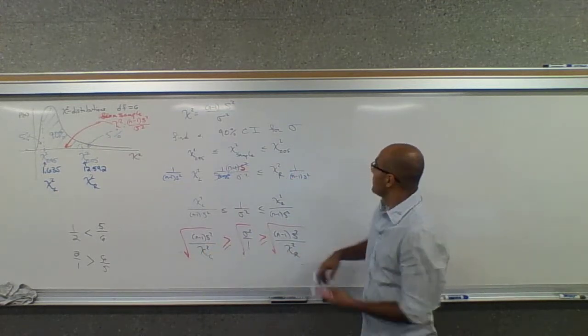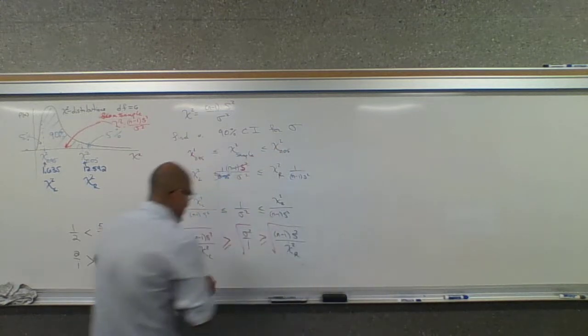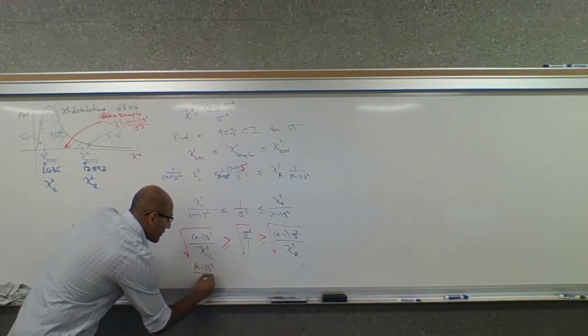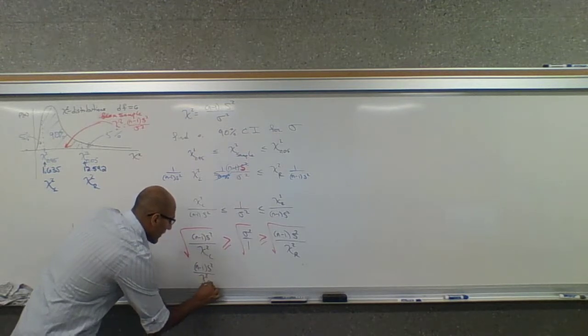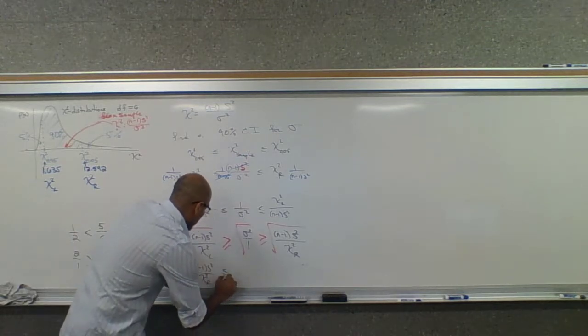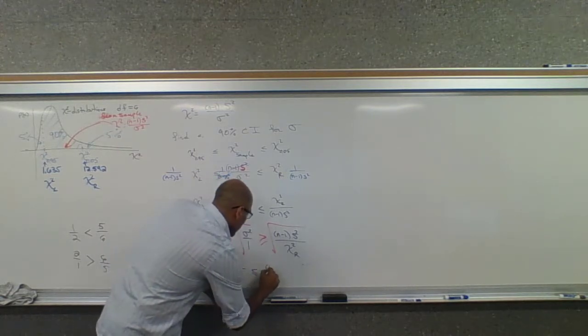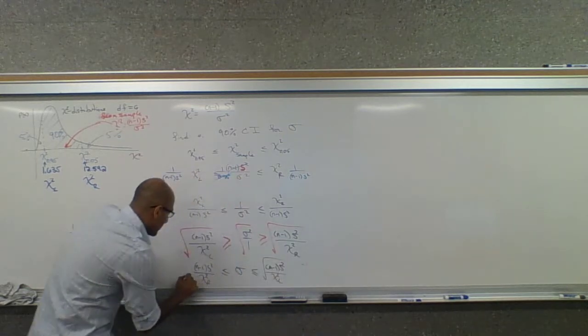Okay? So we will end up with n minus 1 times s squared all over chi squared right, is less than or equal to sigma, less than or equal to n minus 1 times s squared all over chi squared left, and we've got to take the square root of each of those.